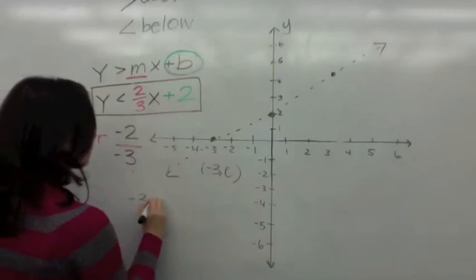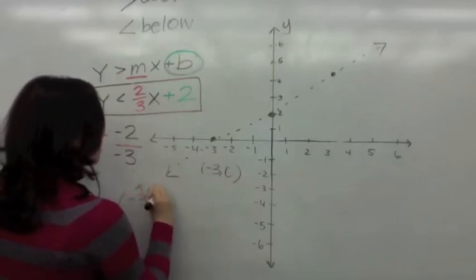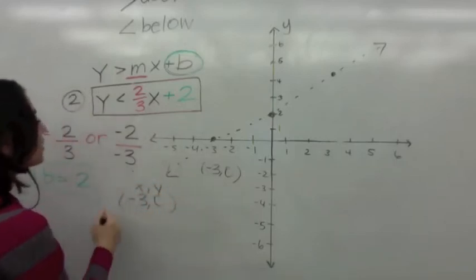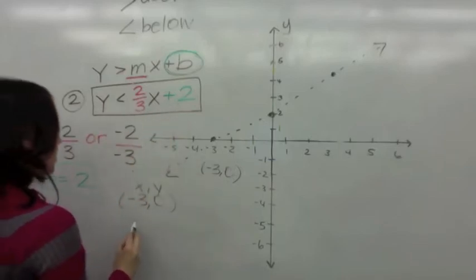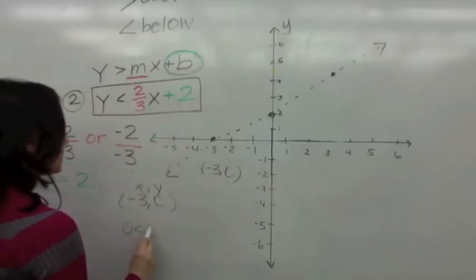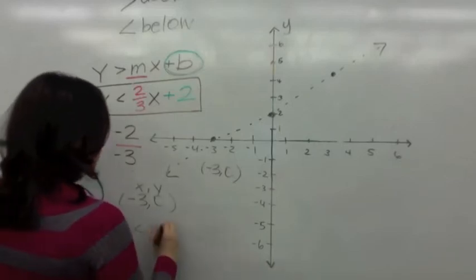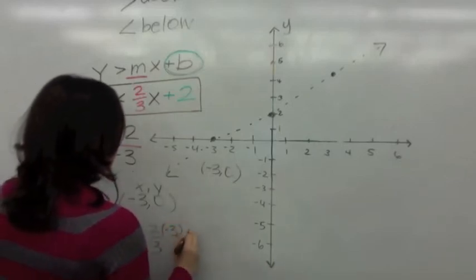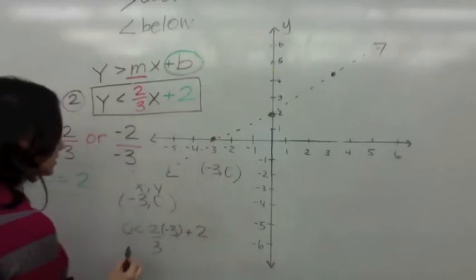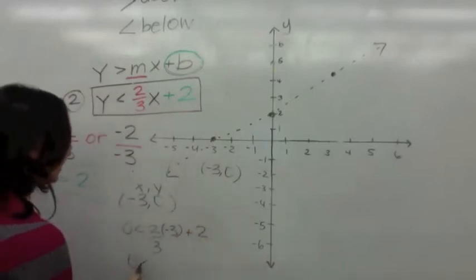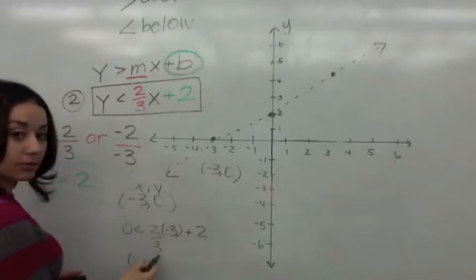If you're at (-3, 0), this is x and this is y. So let's plug x and y into the linear inequality. Is 0 less than 2/3 times negative 3 plus 2? Is that true? Let's look. You have a 3 and a 3.